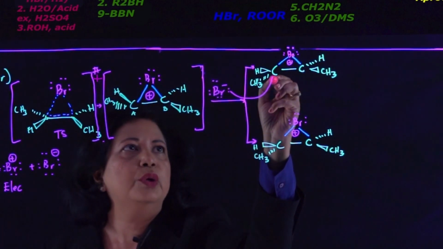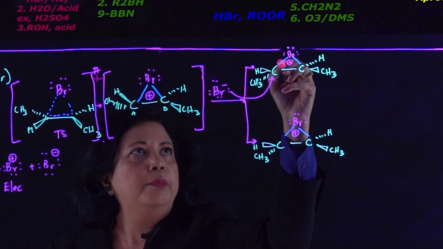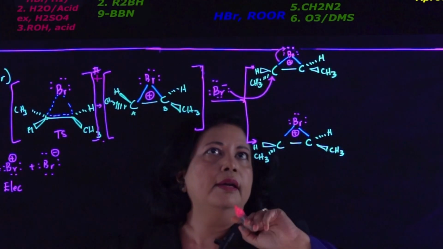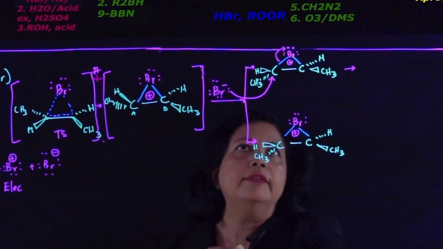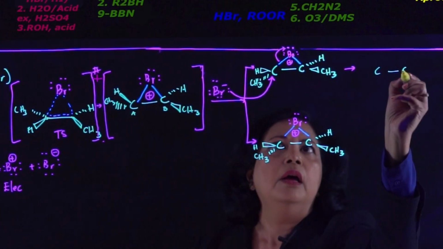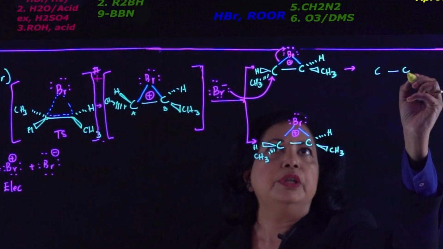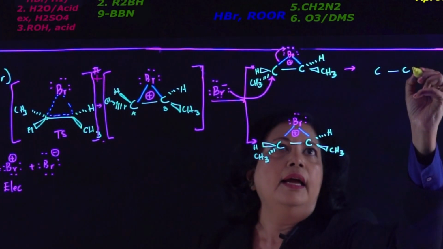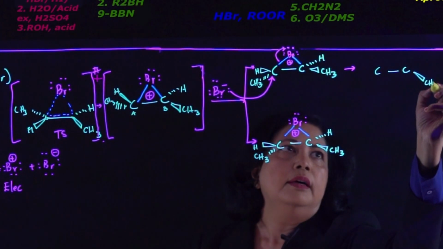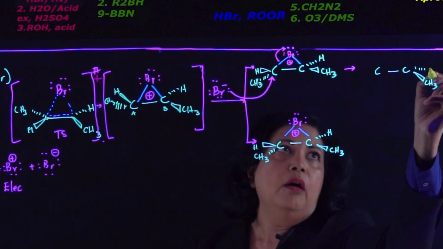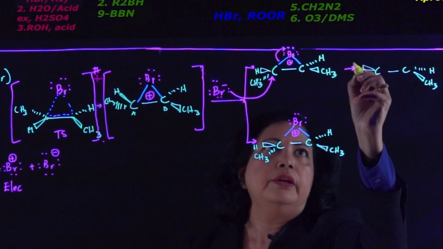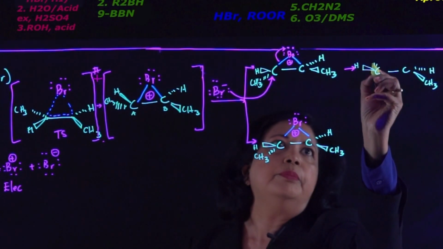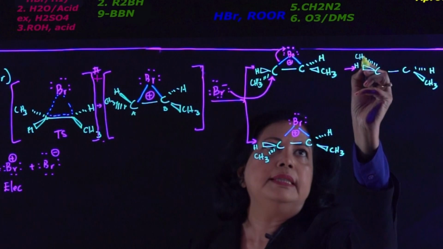So if it attacks over here, it's going to pop this open and go in from the rear end. And so now you are going to have a carbon-bromine bond. And as I said, the stereochemistry is preserved, and you will have your bromines going in on opposite sides of this molecule. So here your methyl groups are going to be on opposite sides.